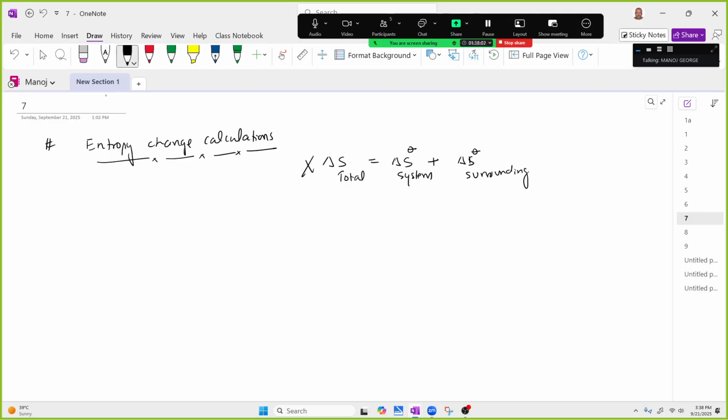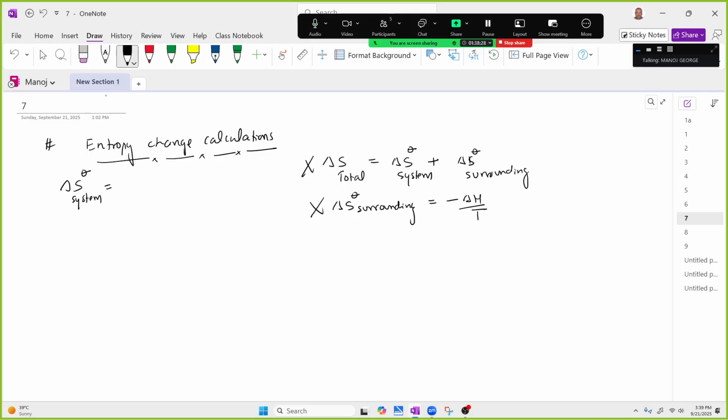Then another formula you will find is that the entropy change of surrounding is equal to negative H by T. This formula also is not in your A level syllabus. So the only formula that you have to know is how to calculate the entropy change of the system.